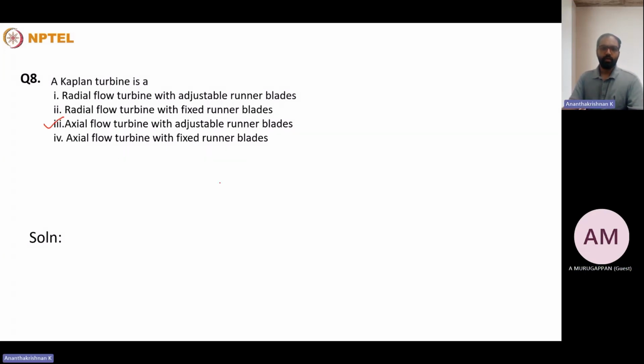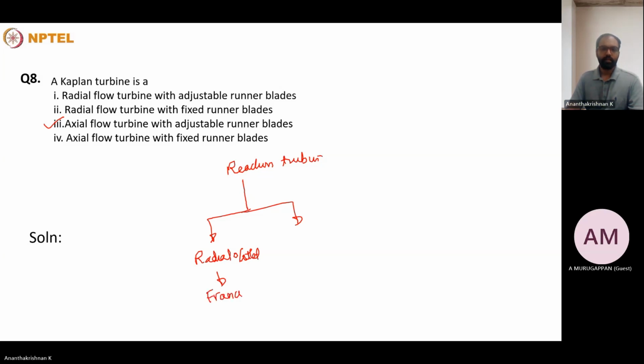Right. So out of the two reaction turbines, one with radial outlet is called the Francis turbine. One with axial outlet is defined as axial turbines.